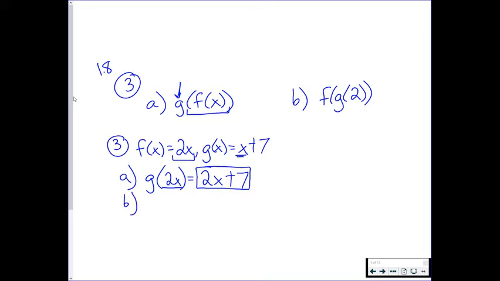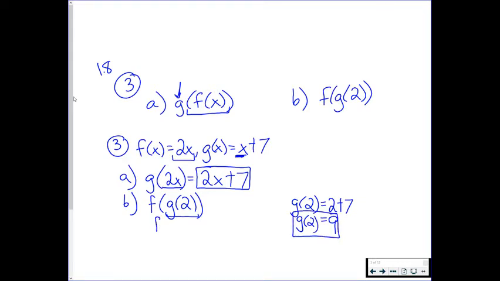On part B, it says to take f of g of 2 and evaluate that function. G of 2, let's go find that first. G of 2 is found by taking 2 and substituting it everywhere I see an x in the g function. So g of 2 is 9.